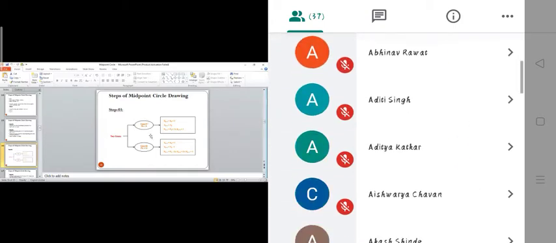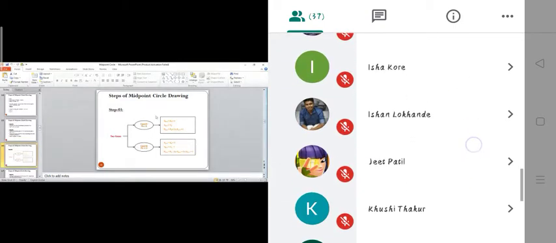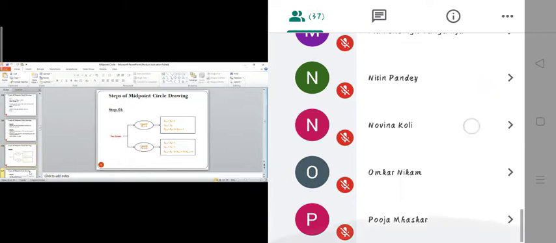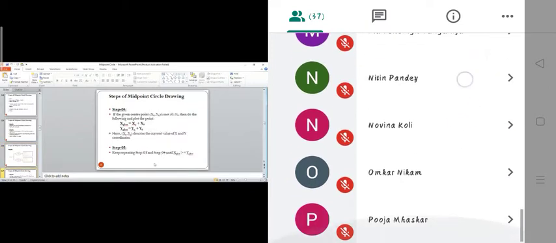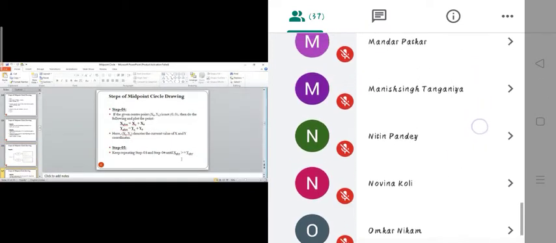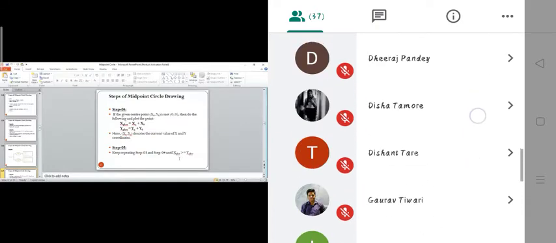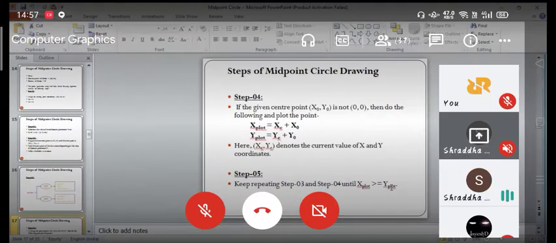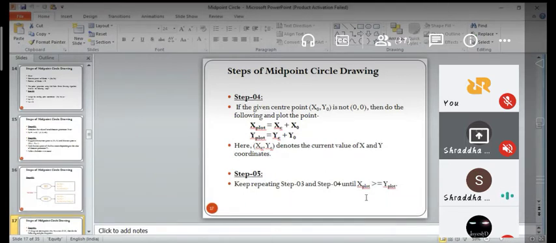So this was about step 3. Now, till when are you going to perform this step 3? You will keep on repeating it till the x value becomes greater than or equal to the y value.